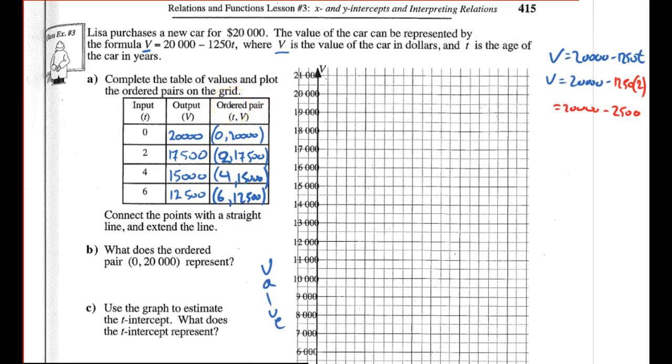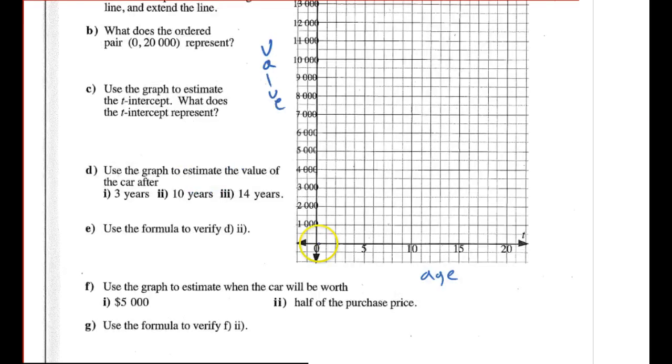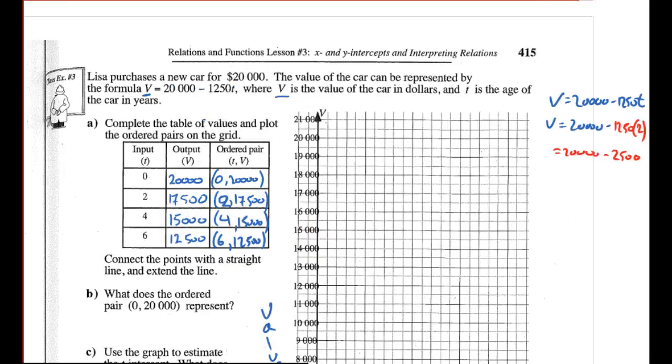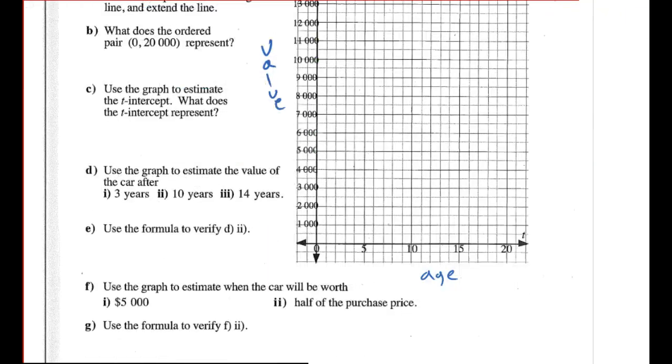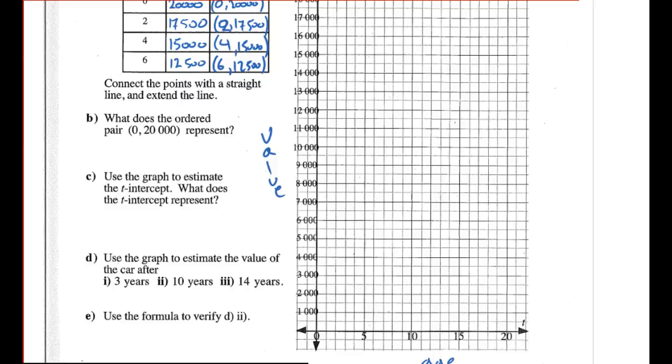Okay, let's plot those. So 0 to 20,000 is when the car is 0 years old. I'm going to do this in green here. It is 20,000. So there's the first one. Then when the car is 2 years old, and again, where's 2 would be 1, 2 over here, so that's 2.